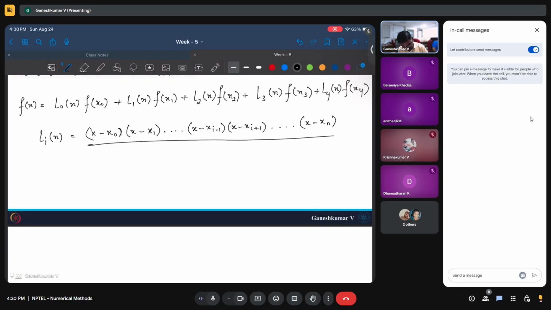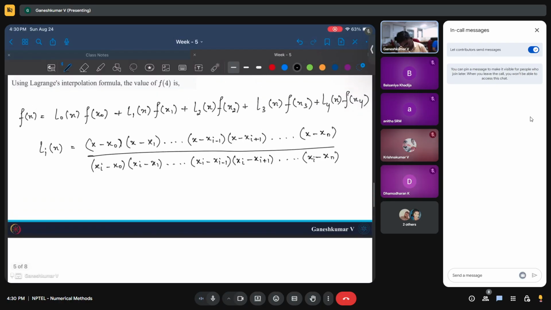The same thing goes in the denominator, but there you replace x with xi: xi minus x naught, xi minus x1, continuing till xi minus xi minus 1, then you jump that point, xi minus xi plus 1, continue, and finally write xi minus xn. So these are your Lagrange coefficients.